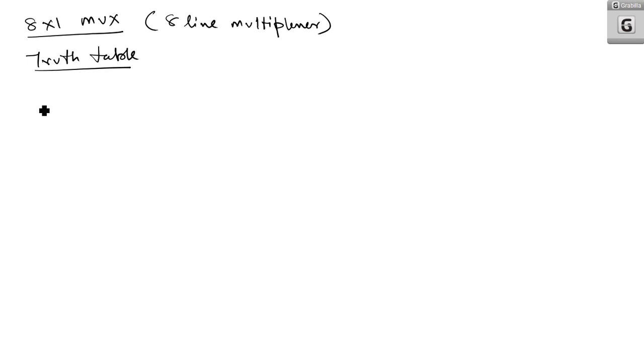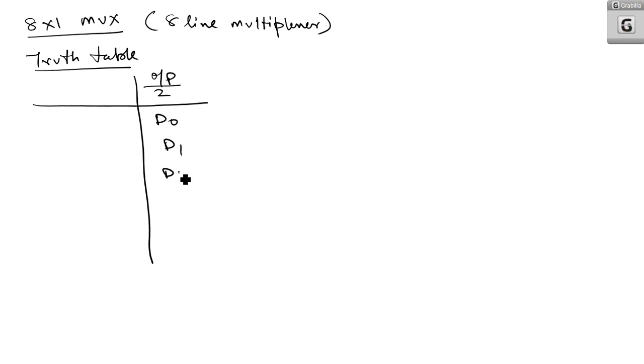Truth table, 8x1 means you have D0 to D7. So output is at D0, D1, D2, D3, D4, D5, D6 and D7.